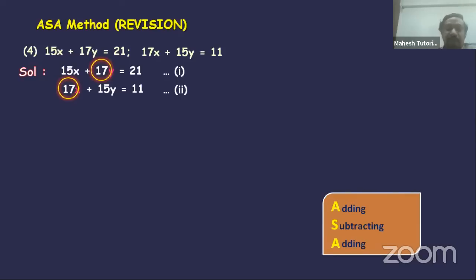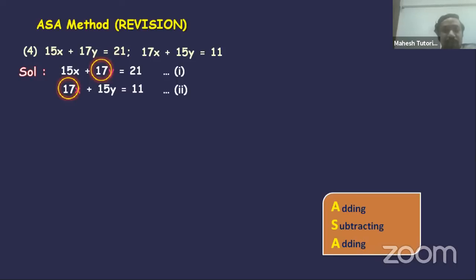Once again, I repeat, whenever you come across such a special feature among the equations where there is interchange of coefficients among the variables, then we solve those two equations by a special technique, which is called ASA, which stands for adding, subtracting, adding. All right. Now, students, as the name itself says, adding, subtracting, adding. So we just have to follow these three steps and we'll reach the final answer.